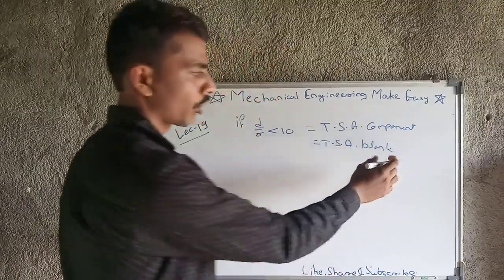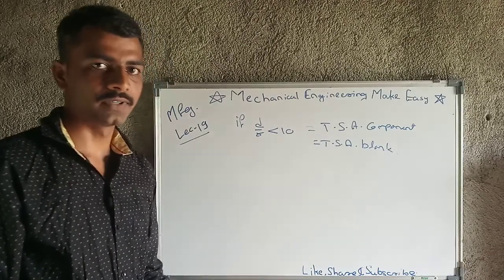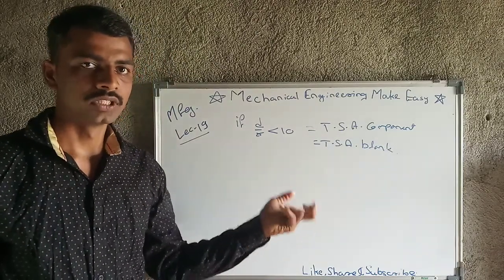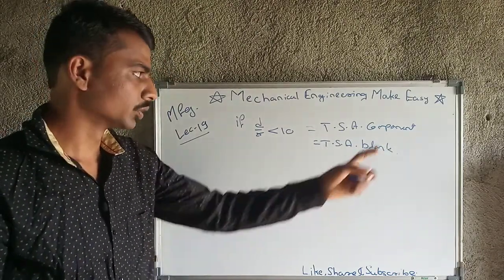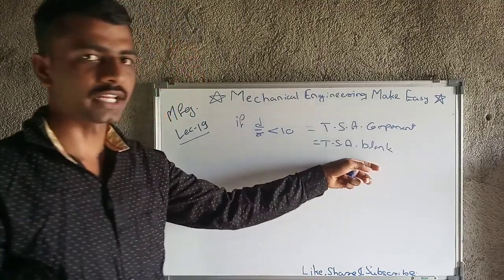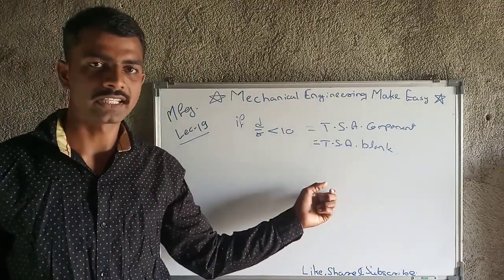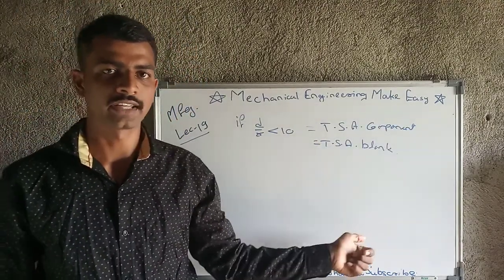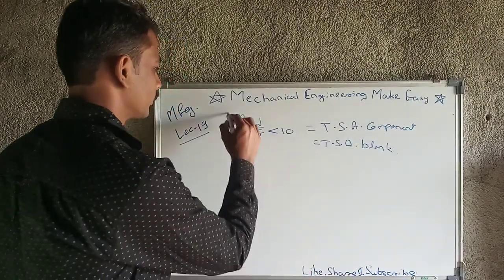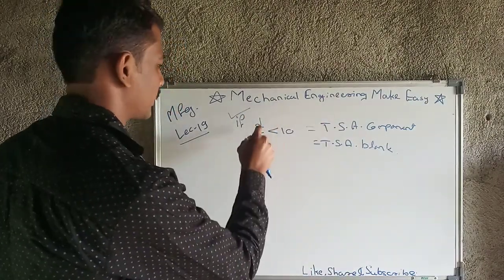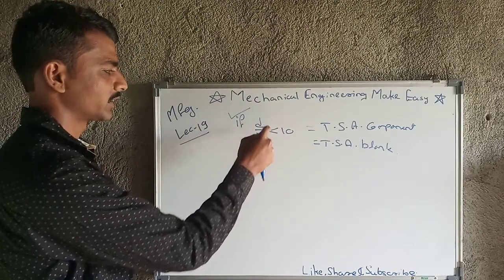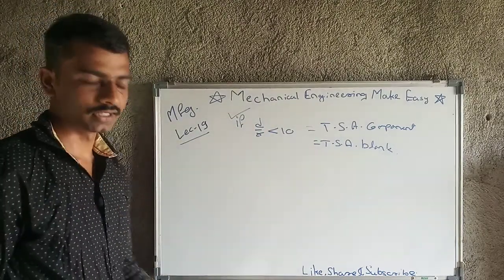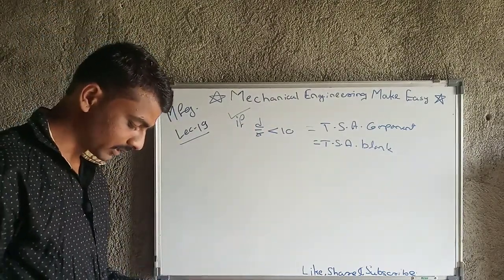Blank is nothing but raw material, and component is nothing but the finished product we need from that blank. So this is our output, this is our input. So total surface area of output equals total surface area of input. So ultimately this case will happen when D by r is less than 10.